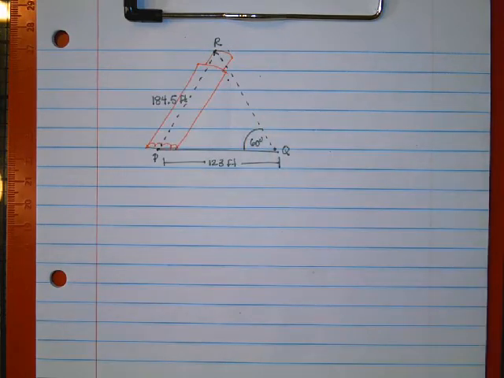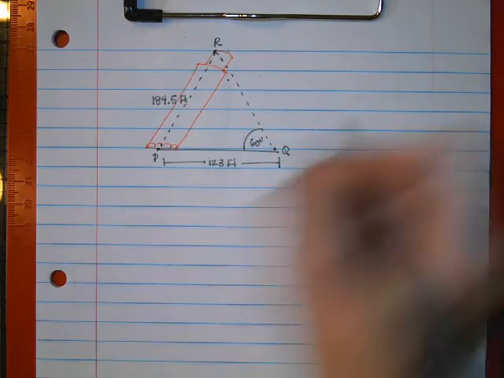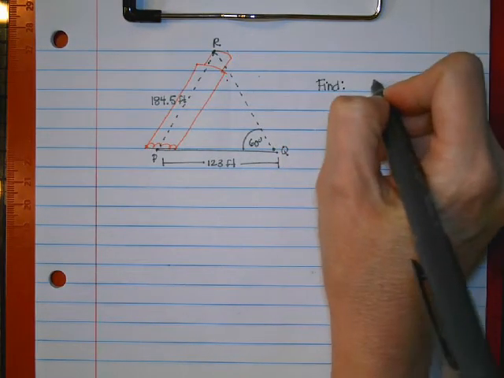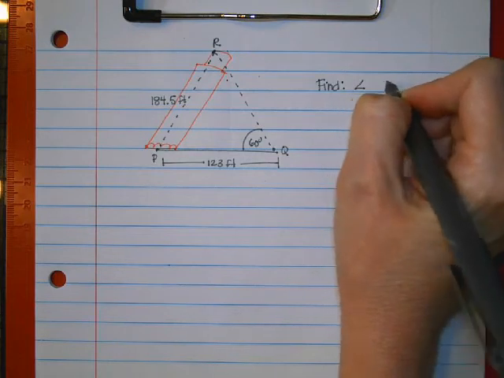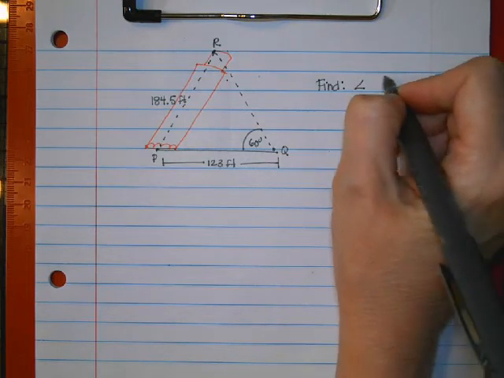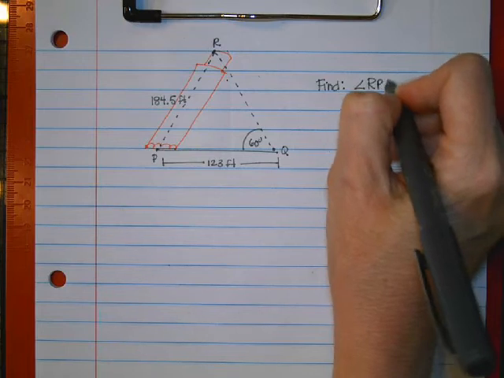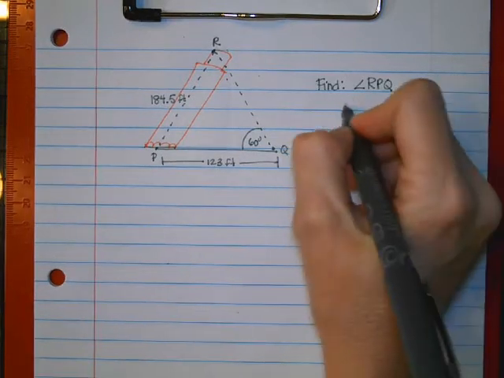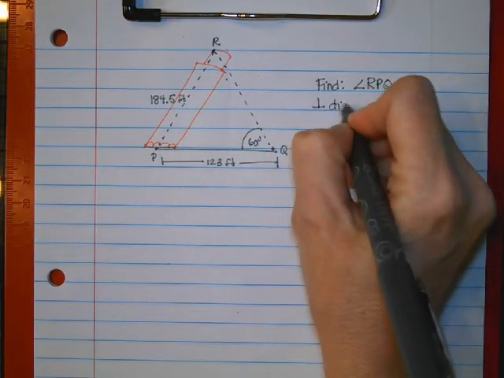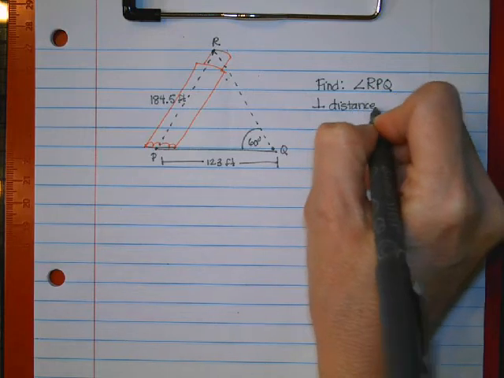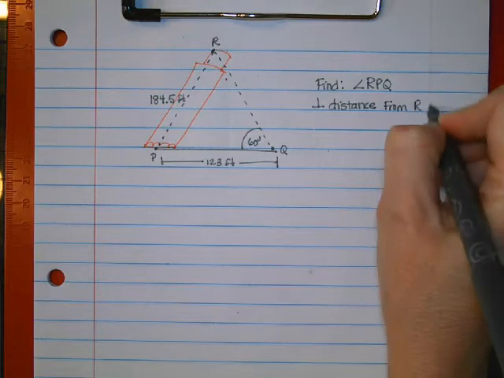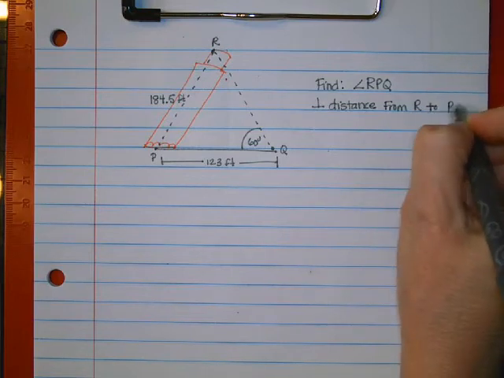They want us to find the measurement, so we have to find angle RPQ. Write that down. So we're going to find angle RPQ. And they also want us to find the perpendicular distance from angle R to side PQ.